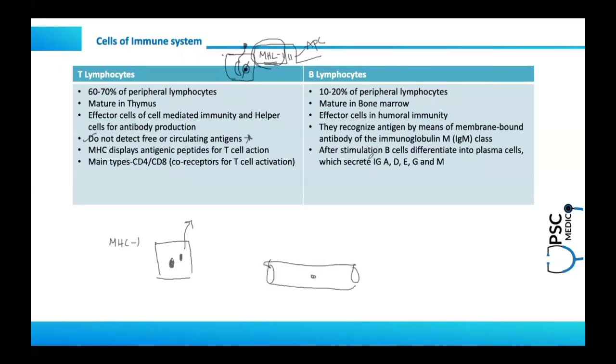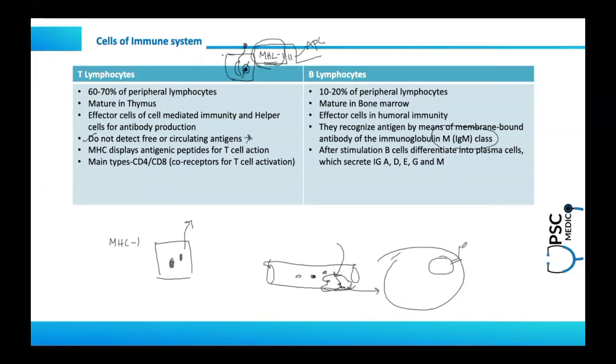But what is the speciality of B lymphocytes? The B lymphocytes recognize antigen by means of the IgM class. They also get help from the macrophages, because they don't go and carry an antigen. In the blood, the antigens are traveling, and the macrophages take this and present it to the B cell.